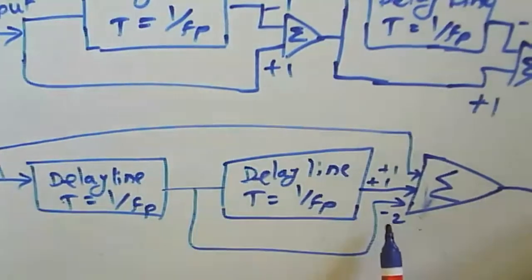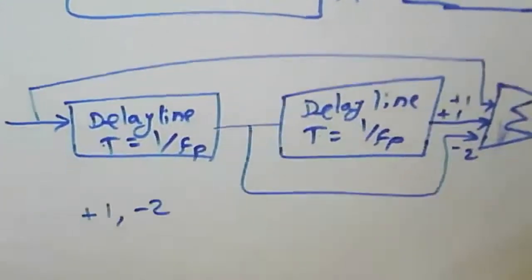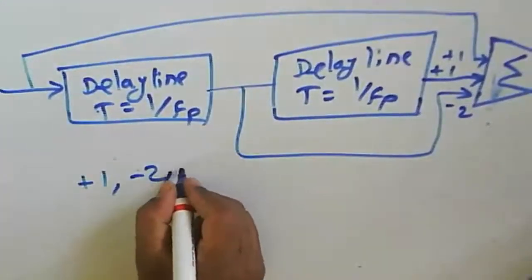We can apply different weights for the different inputs and find the output for the given weights for this three pulse canceller. Suppose the weights are +1, -2 and +1.